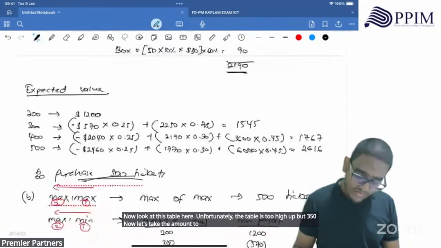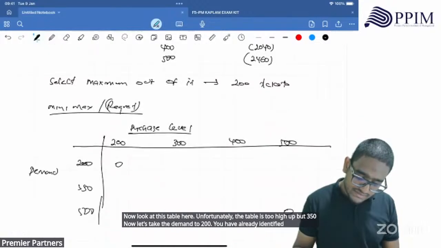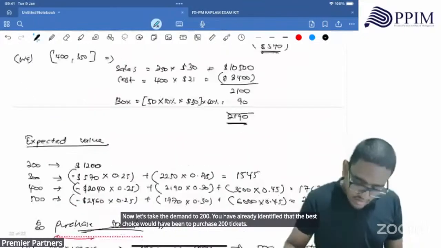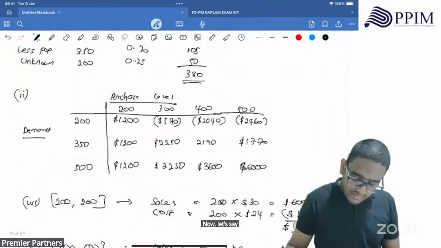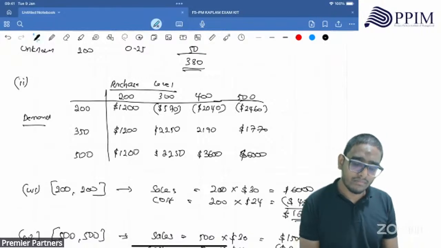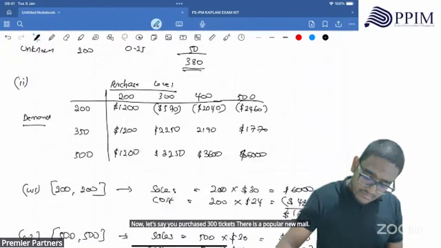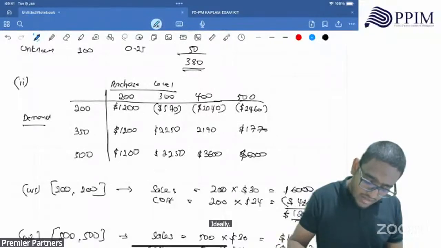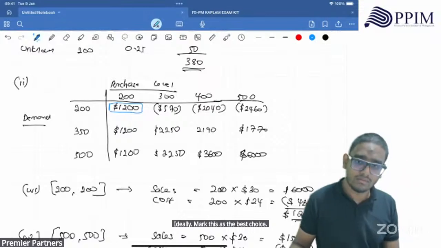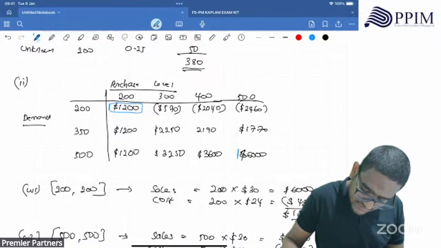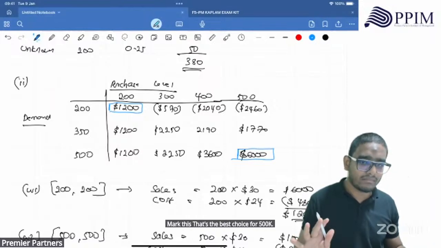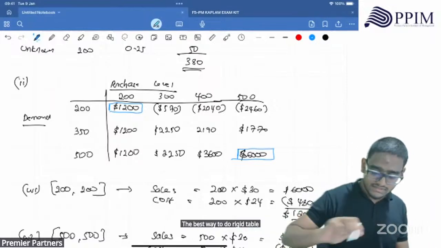You have already identified that the best choice would have been to purchase 200 tickets. Now, let's say you purchased 300 tickets. There is a problem you made. Ideally, mark this as the best choice. Mark this as the best choice for 500. The best way to do regret table, go sideways.